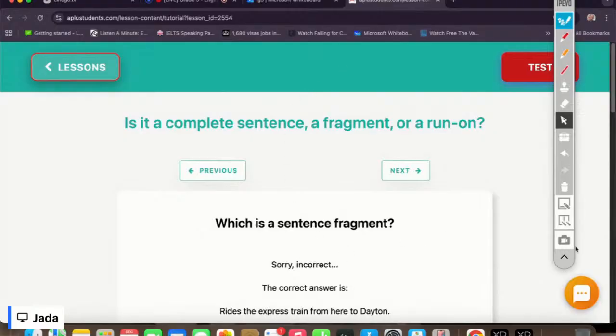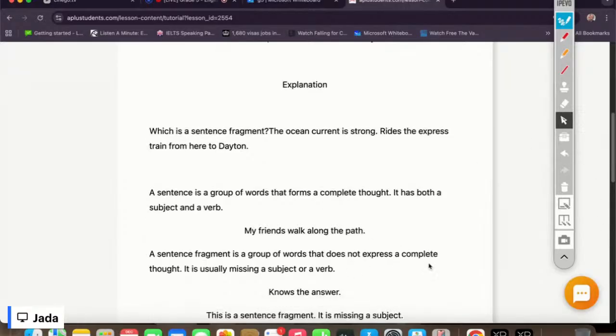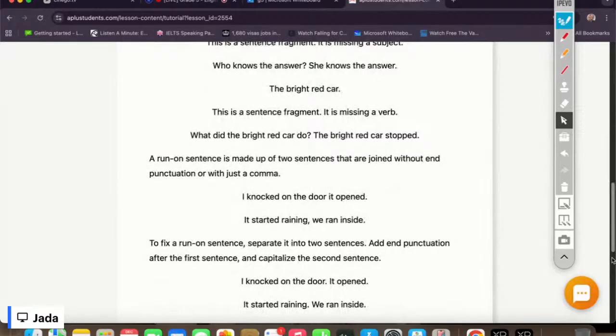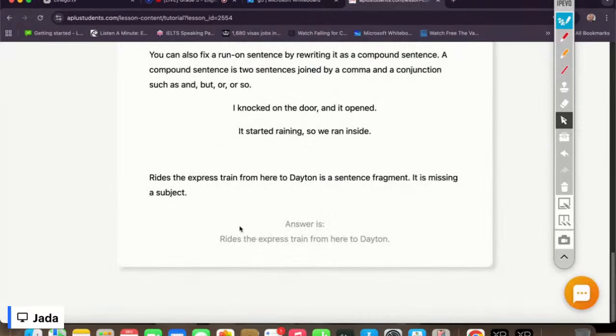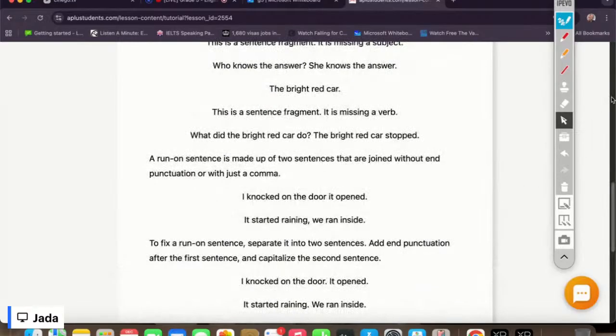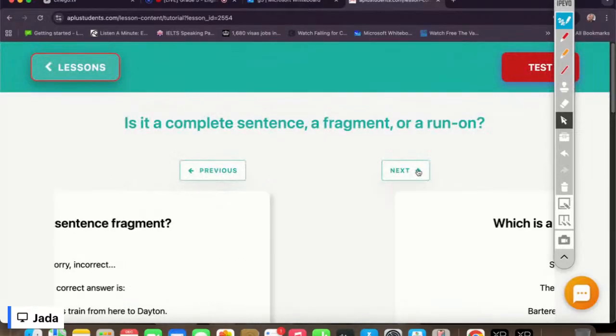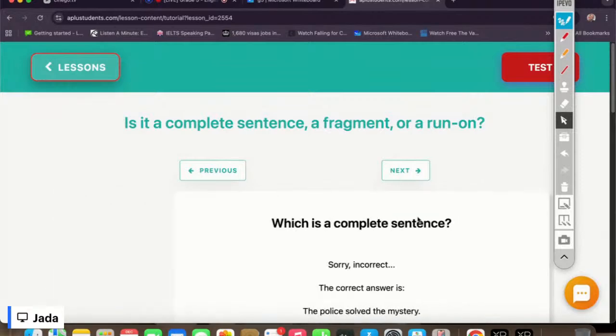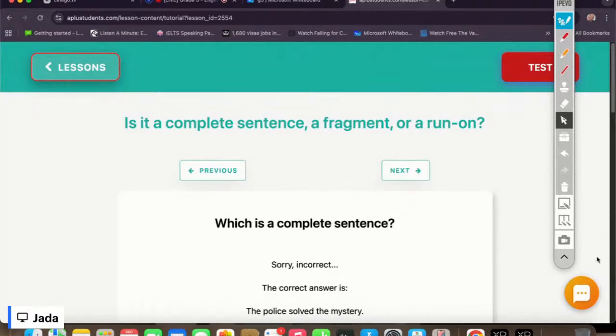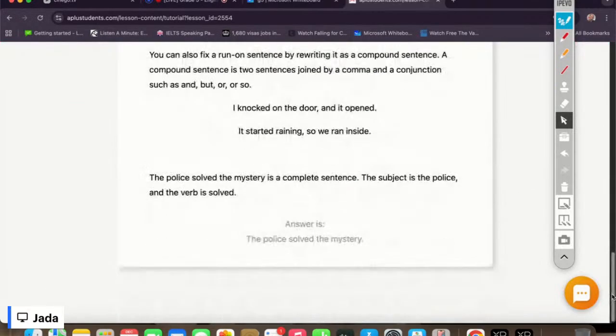So which is a sentence fragment? Remember that a sentence fragment is the one that does not express a complete thought and is missing a subject or verb. We have "Writes the express train from here to Dating." Who's writing that? We have no idea. Then, which is a complete sentence? We have here "The police solved the mystery."